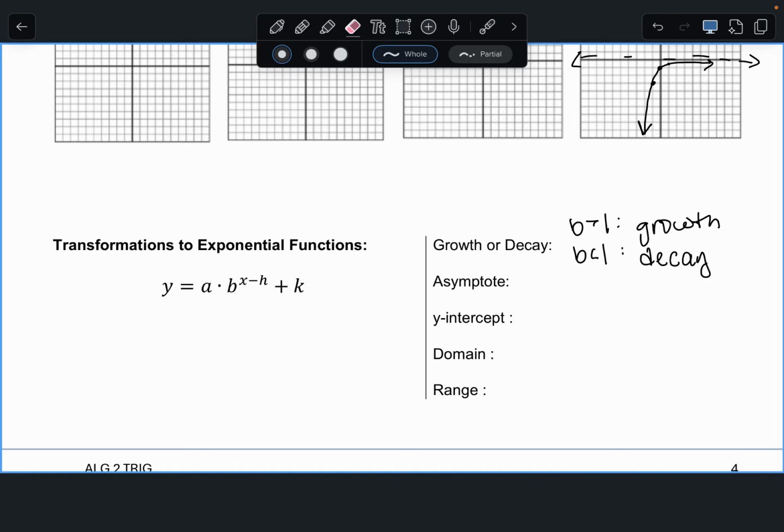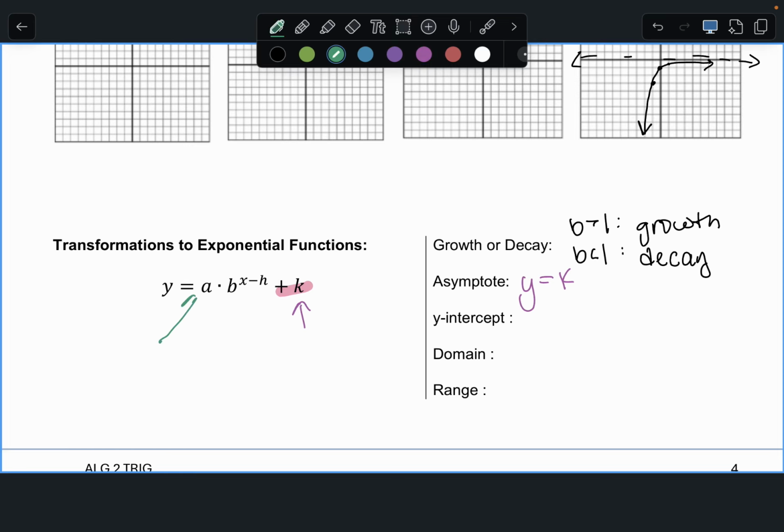And then your asymptote always comes from your K value. This determines your horizontal asymptote, and it's at y equals K. Because it's horizontal, and K goes with y, and that's what we're used to. Y equals K. Let's talk about A, H, and K really quick.